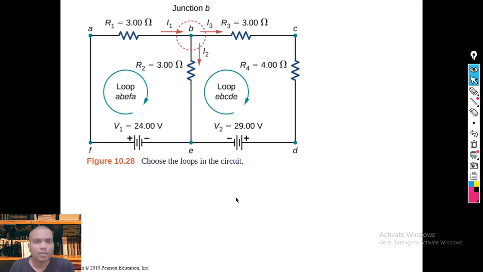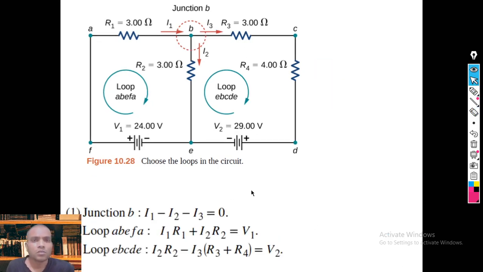Finally, all the rules which we applied here. One is the junction rule, the algebraic sum of the currents equal to 0, that is I1 minus I2 minus I3 equal to 0.